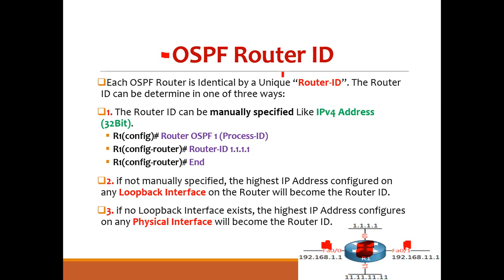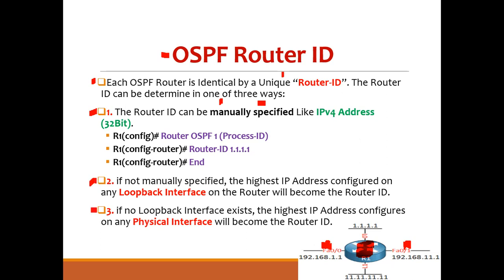So let's give an ID, like an employee ID, to each and every router in OSPF to identify it in the network. Each OSPF router is identified by a unique router ID, and the router ID can be determined in one of 3 ways. So there are 3 methods to assign a router ID to the router.